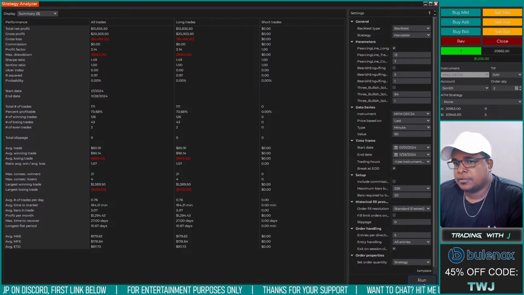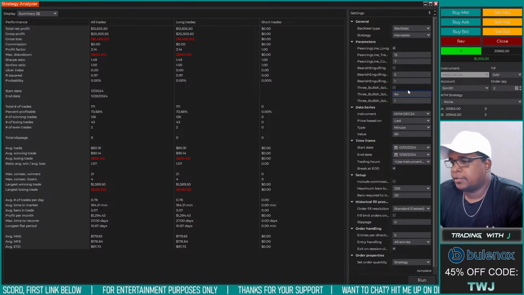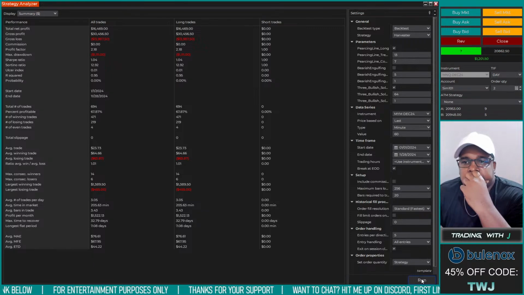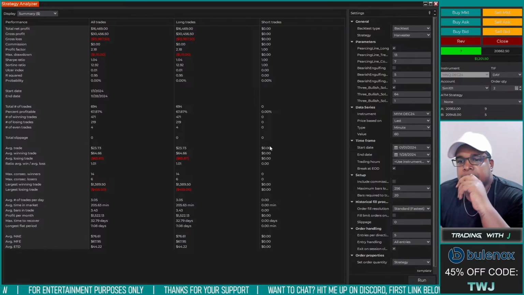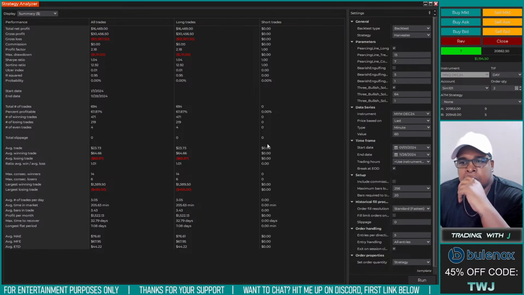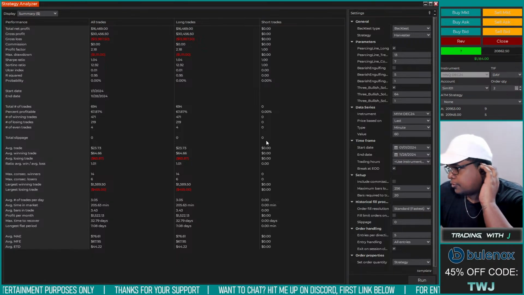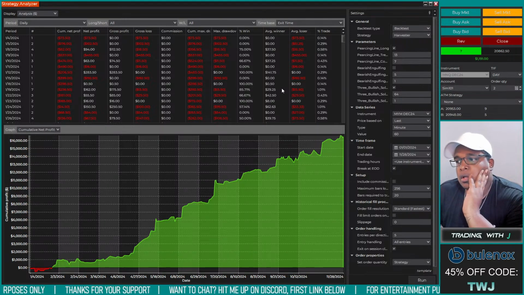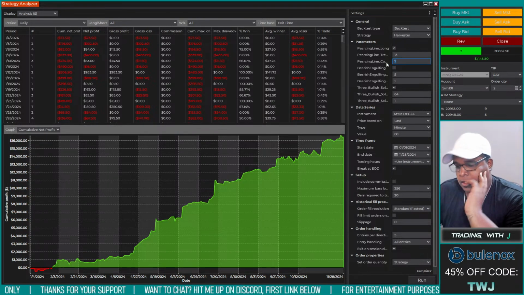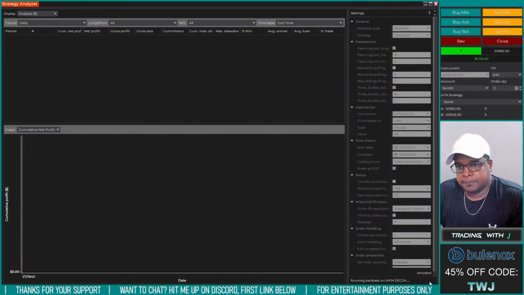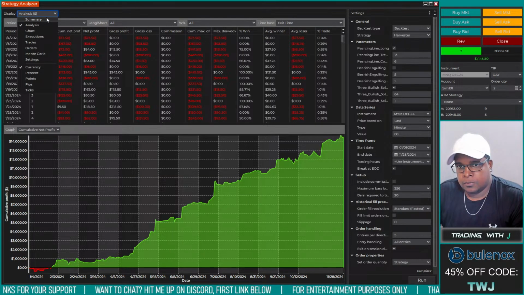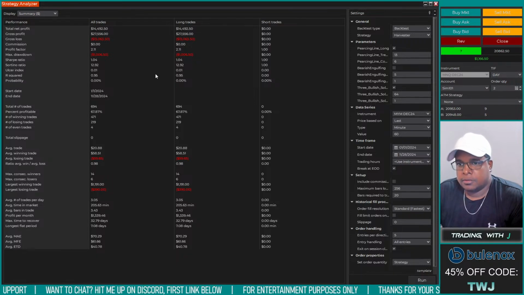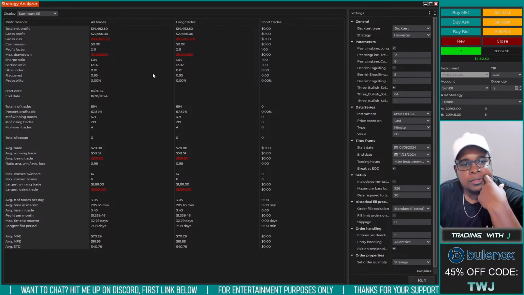The difference is about $2,000, almost $3,000, with about a couple hundred dollar increase in drawdown. So I guess this doesn't reduce the drawdown that much.